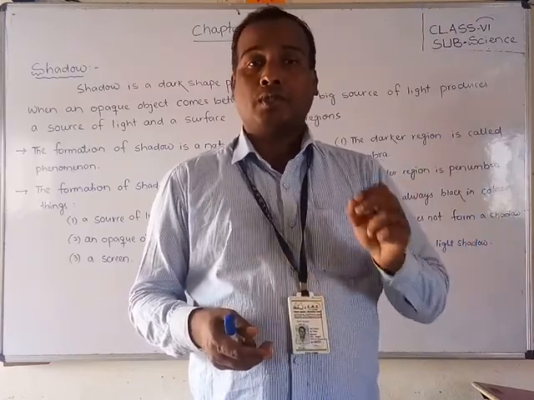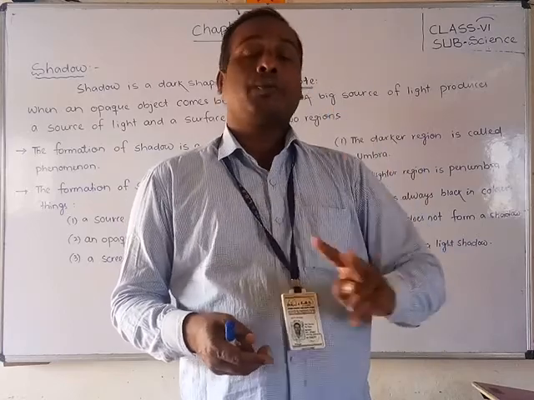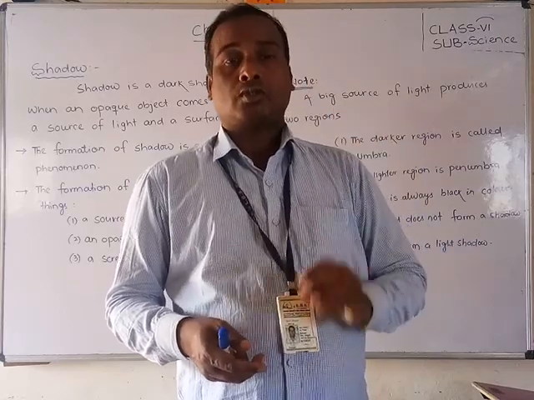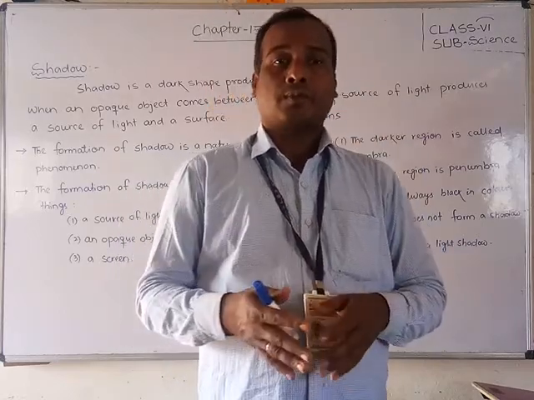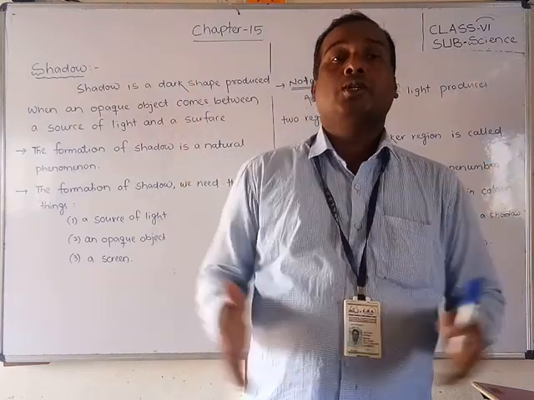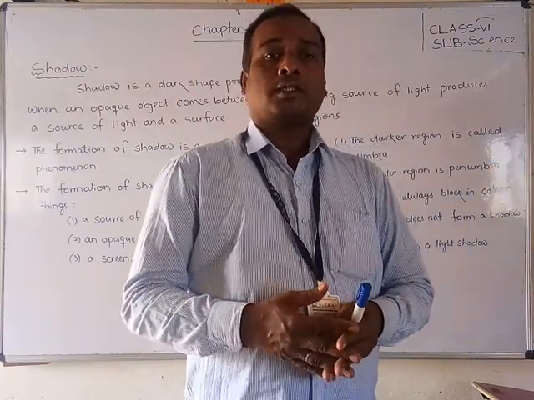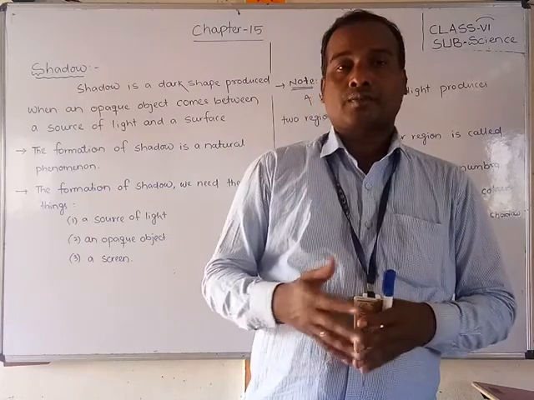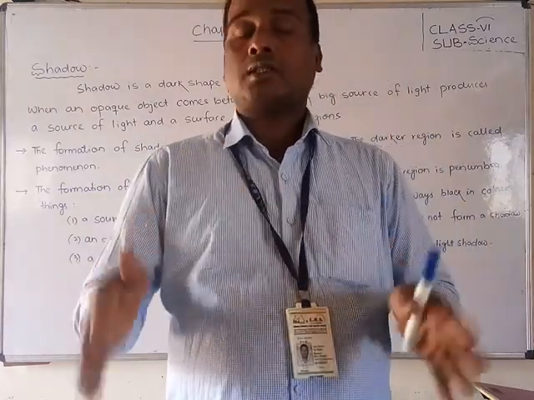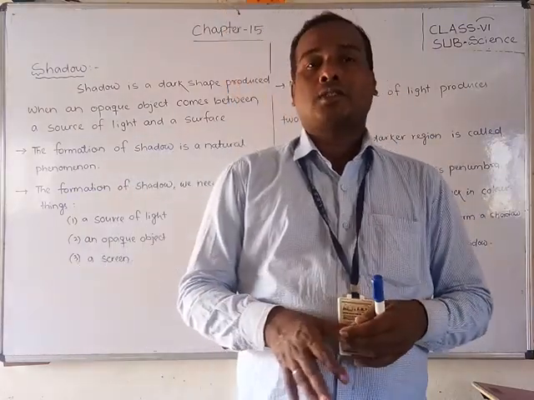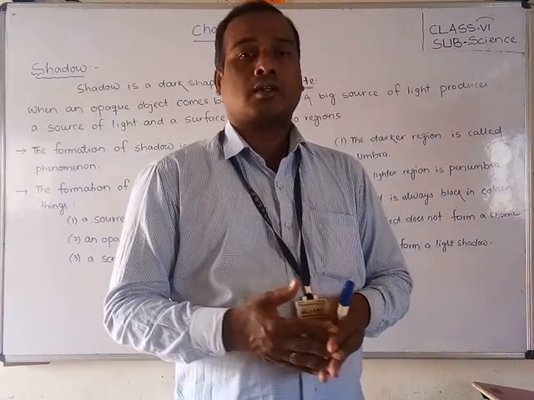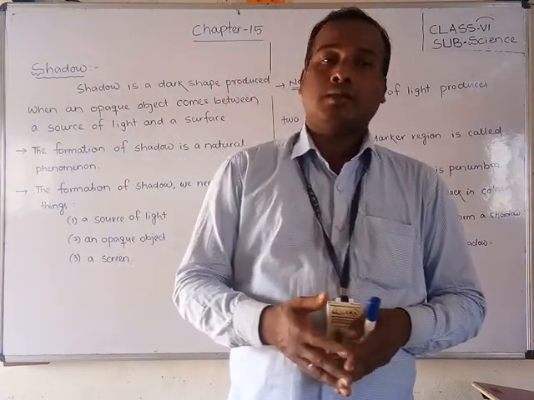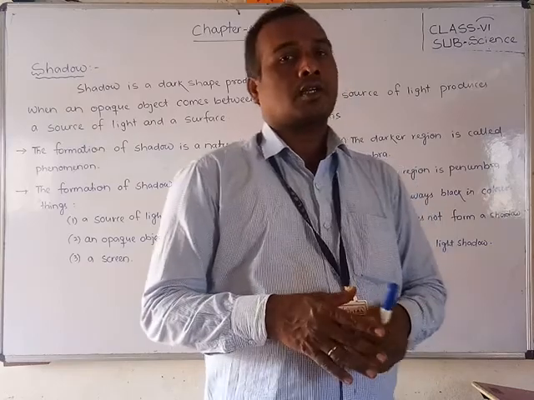Because of the penumbra. That means two regions are created by one huge or big source of light. One is the darker region, generally called umbra, and the other is the lighter region, called penumbra.